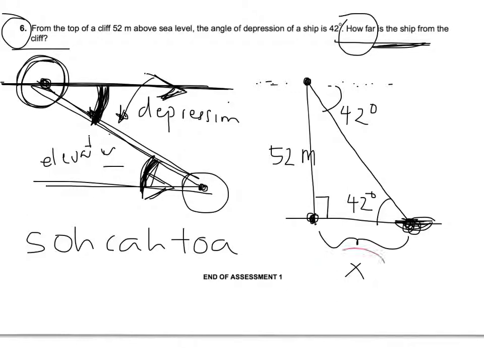So that's our x. But if we look at the triangle, how do we know if it's SO, opposite over hypotenuse, Ka, adjacent over hypotenuse, or TOA, opposite over adjacent? How do we know? I can always change the information, but how do we know if it's SO, Ka, or TOA?